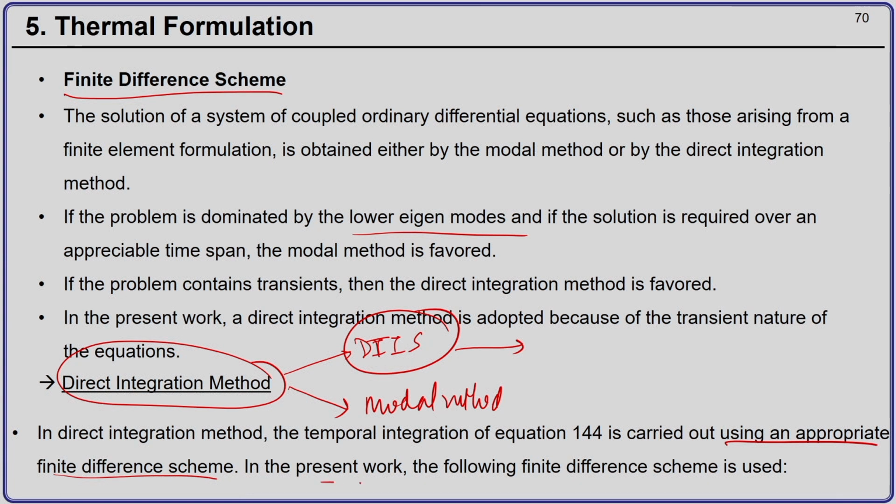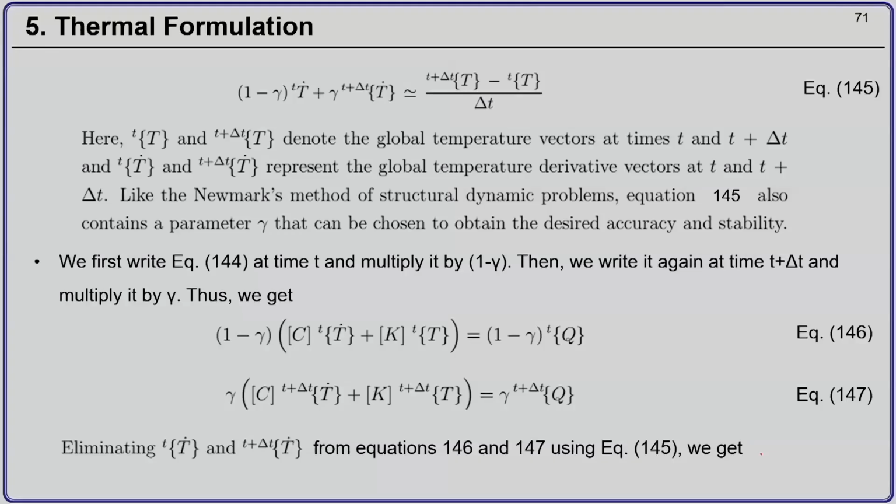In this particular discussion we use the following finite difference scheme: 1 minus gamma times the rate of temperature at time t, plus gamma times the rate of temperature at time t plus delta t, is roughly equal to the difference of the temperature at t plus delta t and time t, divided by delta t. That is the approximation that we use.